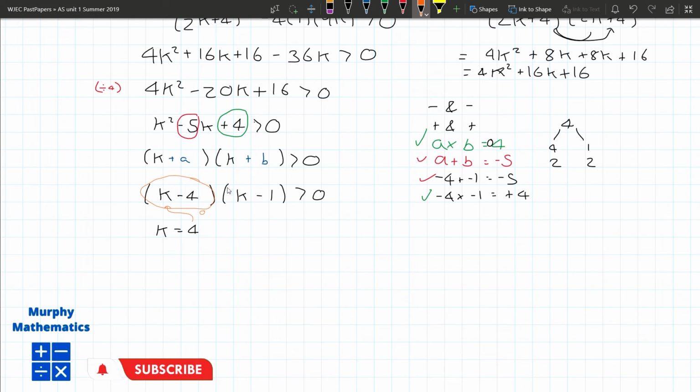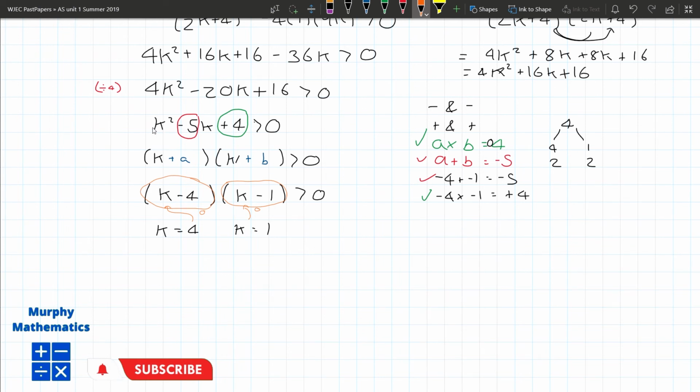Okay, and for this one, I know when I put k equals 1, that bracket will then become 0 and my whole equation will be 0. Okay, so I need to find if k needs to be greater or less than 4, or k needs to be greater or less than 1.